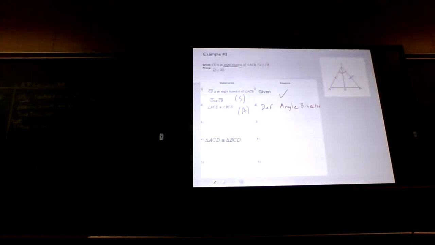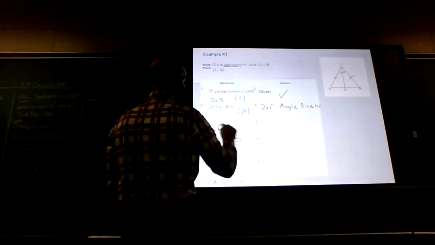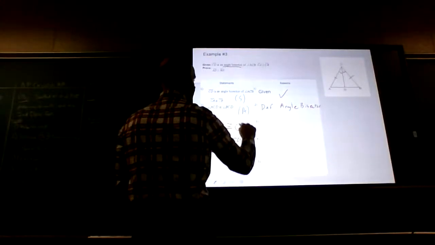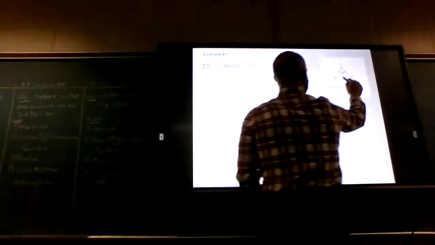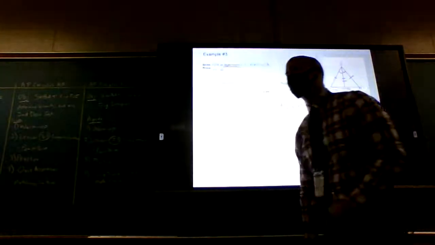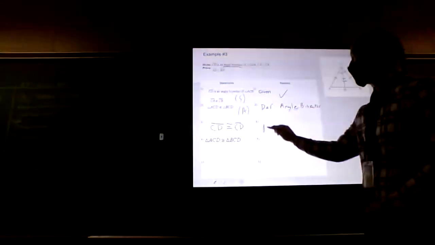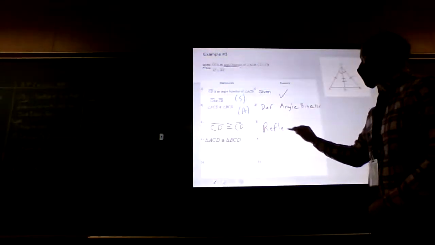Ishmael? I'm probably wrong, but I said CD is congruent. Absolutely, and you are not wrong. You are completely correct. So segment CD is congruent to segment CD. So I will mark that. And why are they congruent? Reflexive.